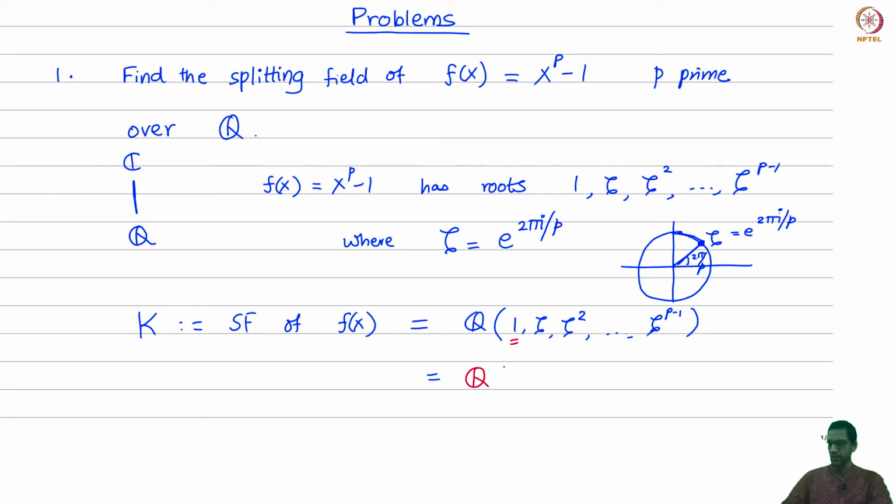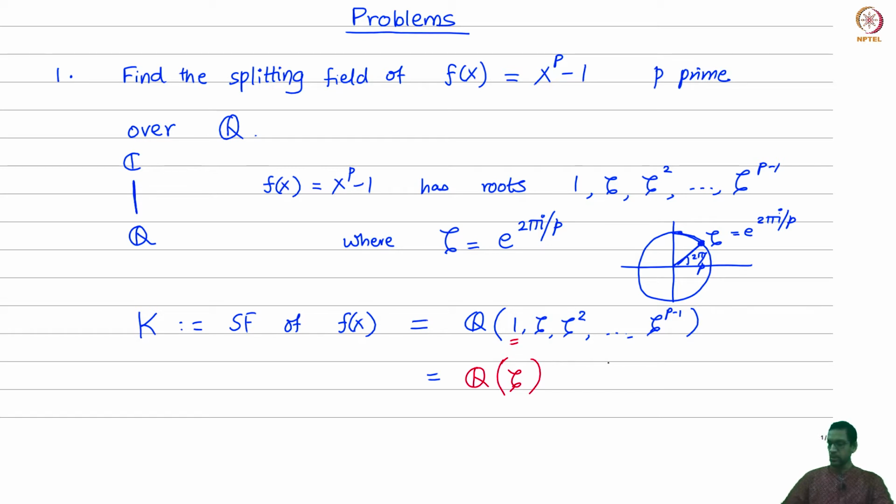So I could just adjoin the next one, which is zeta. But observe that as soon as you adjoin zeta, then of course Q of zeta is a field, and because it's a field and zeta belongs to it, automatically zeta square, zeta cubed, and so on, all powers of zeta automatically belong to this field.